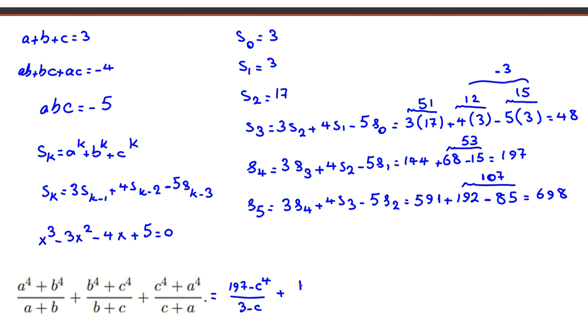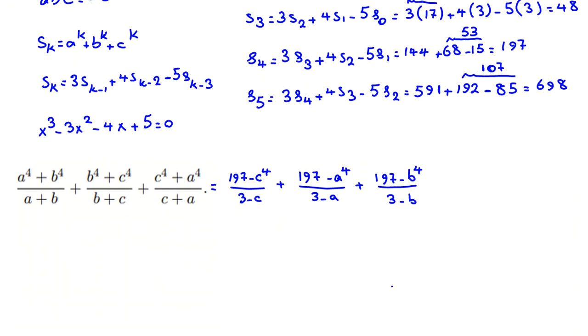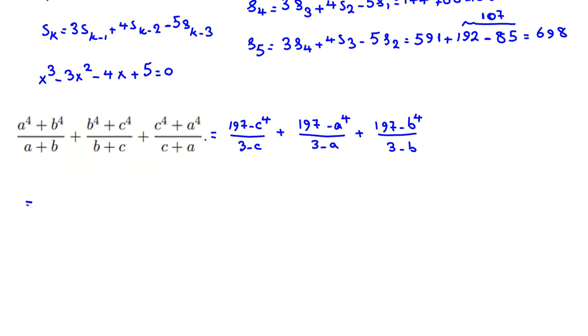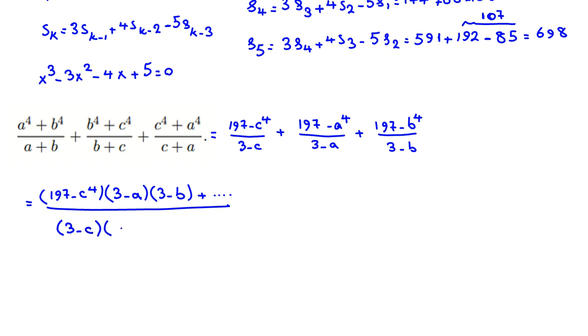I write similarly the next terms: 197 minus b^4 over 3 minus b, and 197 minus c^4 over 3 minus c. Now I use a common denominator, divided by 3 minus a, 3 minus b, 3 minus c.